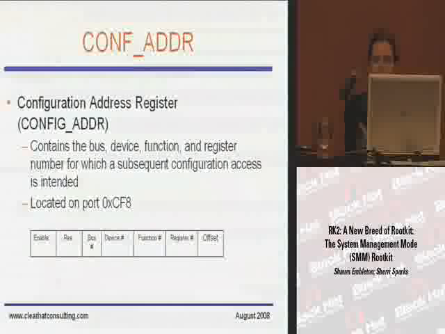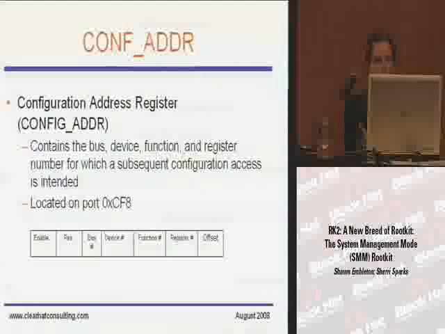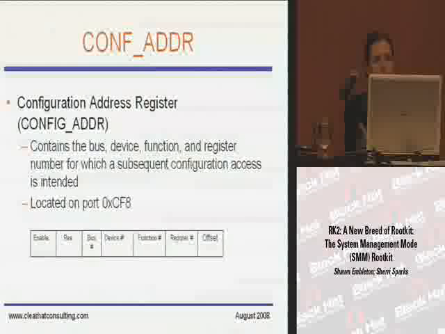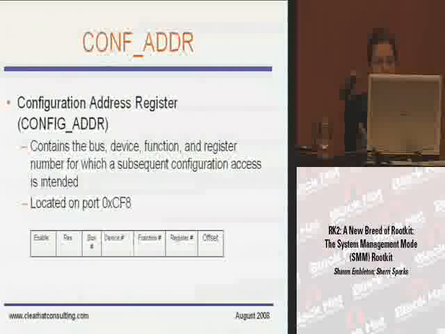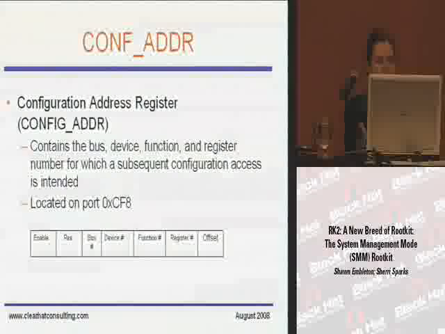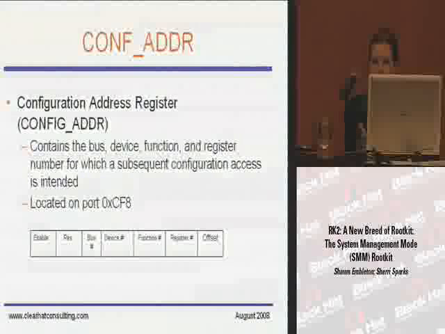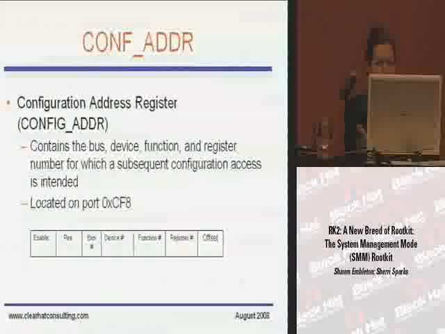We're going to access those two registers by reading and writing the configuration address register and the configuration data register. We can think of the PCI configuration space as a giant window of memory that we can only access 32 bits of at a time. So in order to specify which 32 bits we actually want to access, we have to specify that in the configuration address register, which, as you can see, the layout includes the bus, device, function, and register numbers for the configuration space that you want to access.